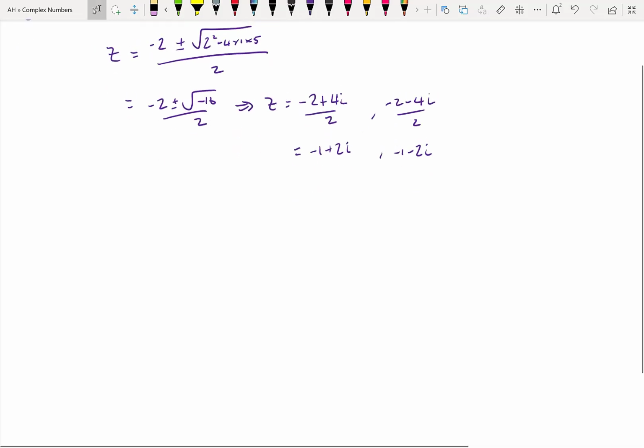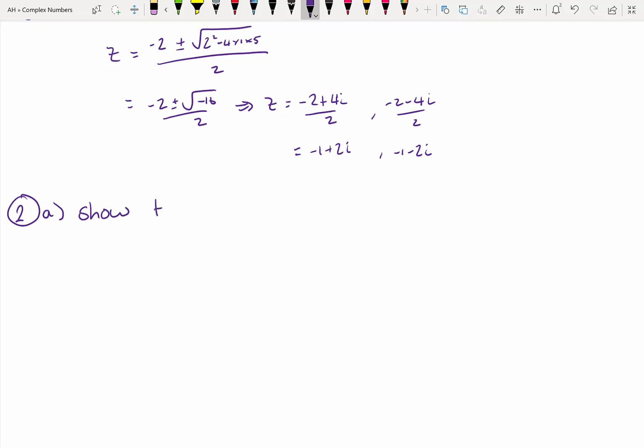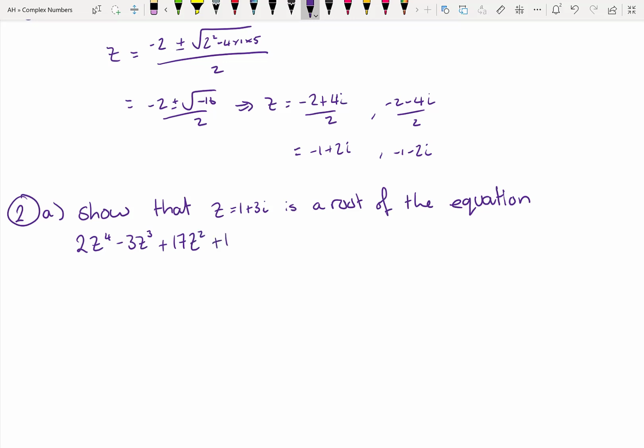All right. What we might want to do though is we might want to ask you to do something a little bit more complicated. So in part A, we're going to show that z equals 1 plus 3i is a root of the equation 2z to the 4 minus 3z cubed plus 17z squared plus 12z minus 10 equals 0.